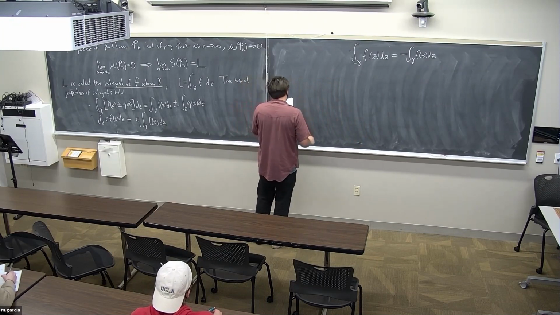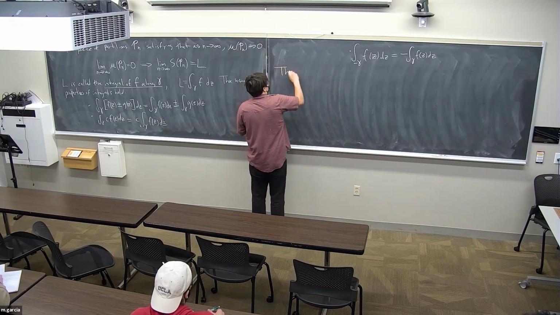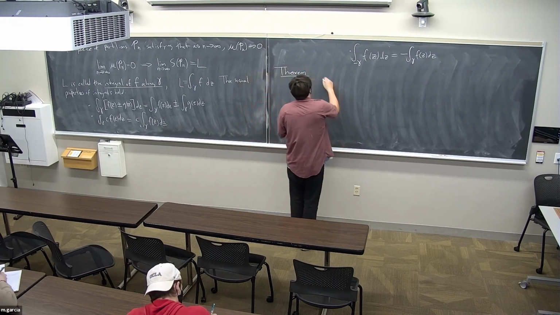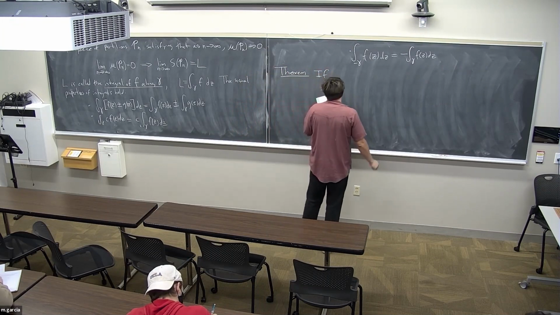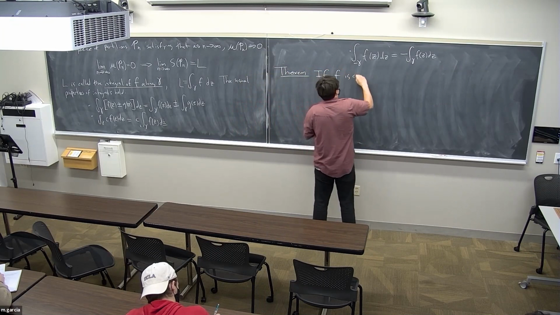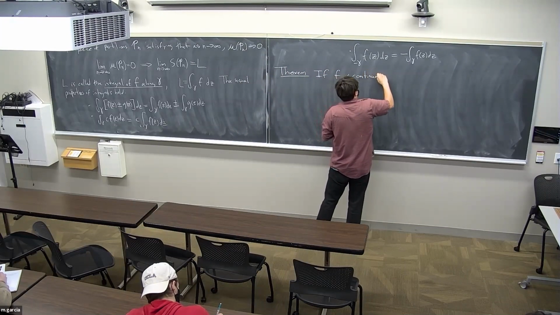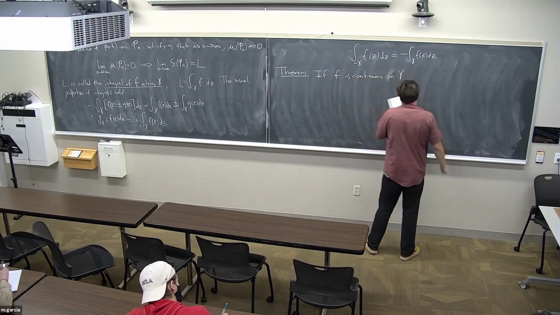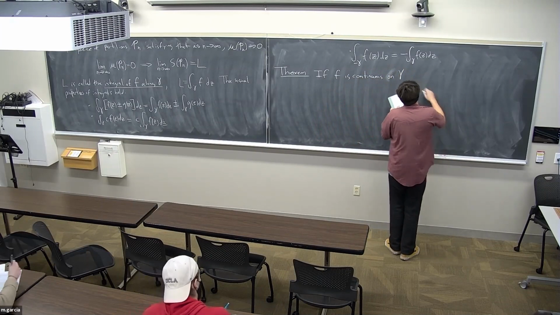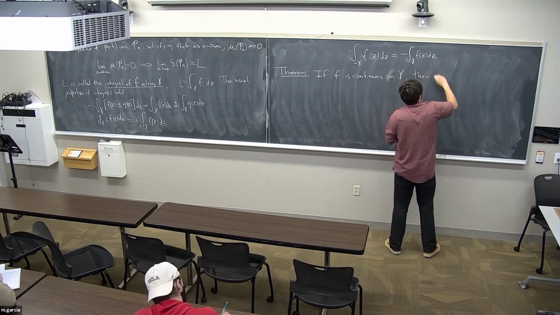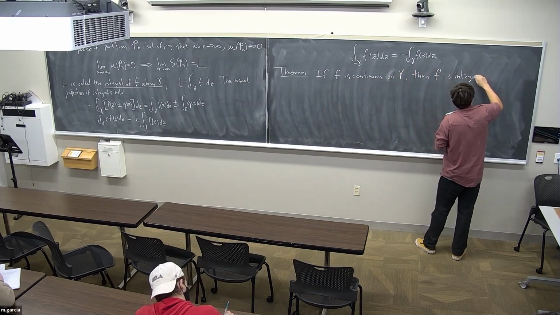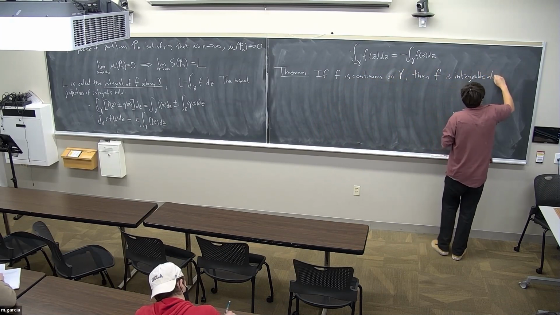Okay, so right now, here's the analog of what we've seen before in real calculus. If f is continuous on some smooth directed curve gamma, then f is integrable along gamma.